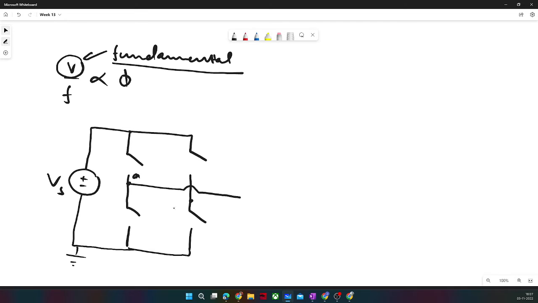So this is terminal A, B, our switches H11, H21, H12, H22, and this converter, let us suppose our very common RL type of load.